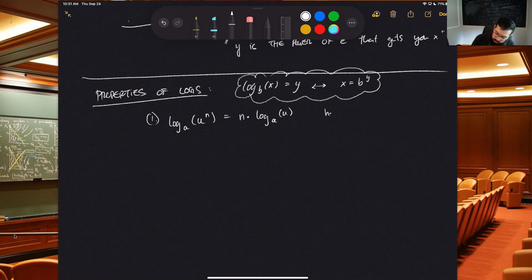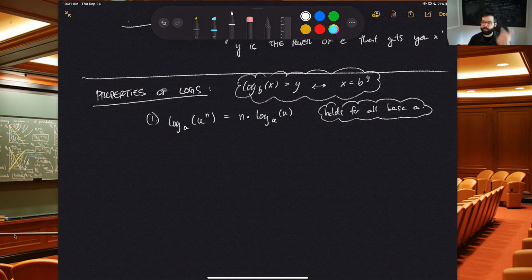This holds for all bases a, all of these properties. So it'll work for base 10, it'll work for base e, and any base that you put down there. So what this says is that the log base a of u to the nth power is n times the logarithm of that base.